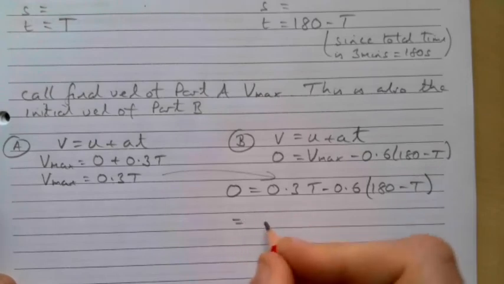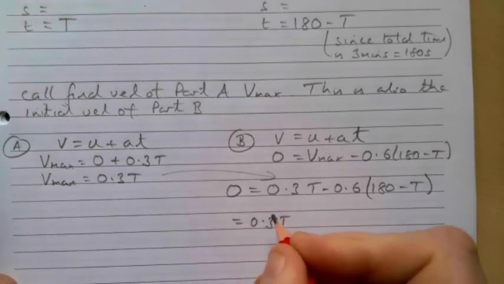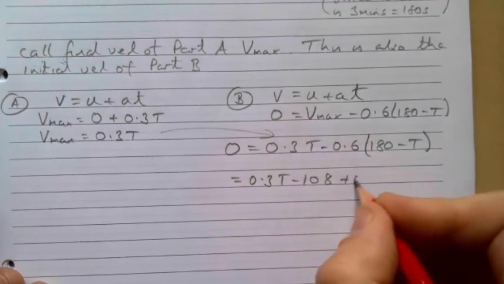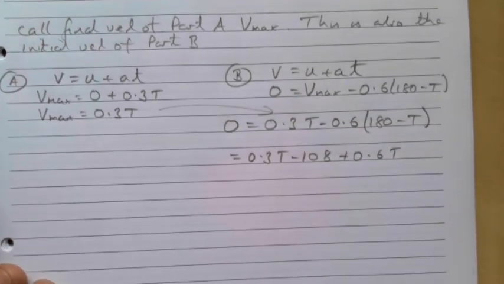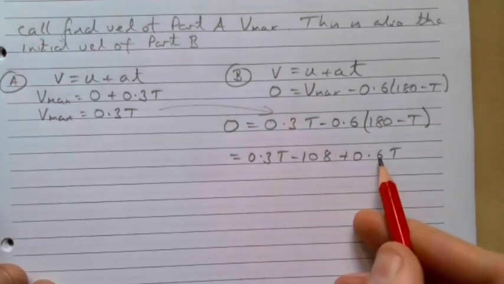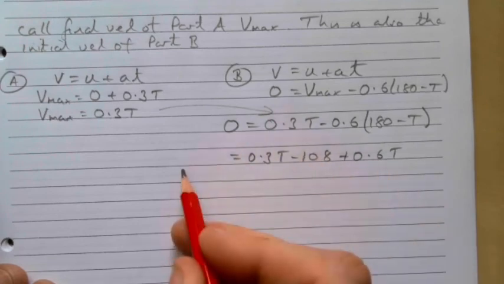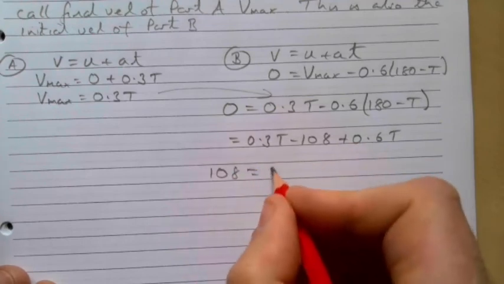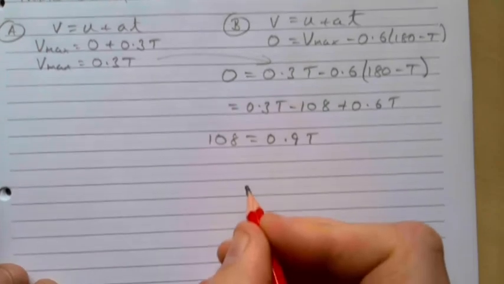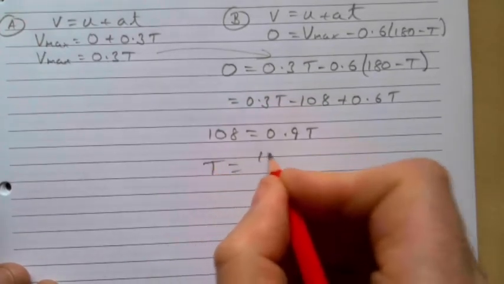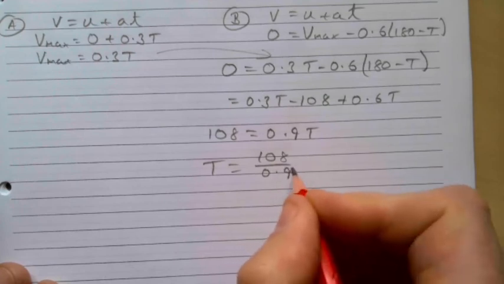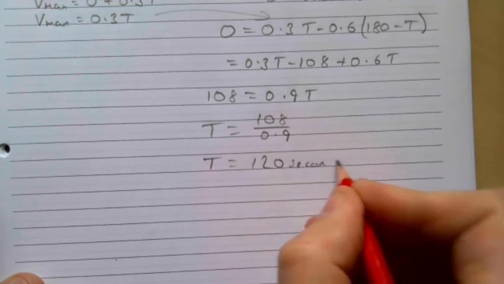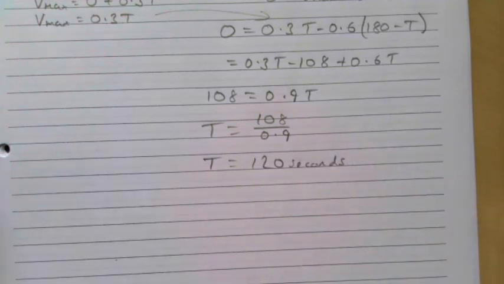That gives me 0.3 T minus 108 plus 0.6 T. 0.3 T and 0.6 T is 0.9 T, and then take 108 over the other side. I'm going to get 108 equals 0.9 T. T is 108 over 0.9. T then is 120 seconds.